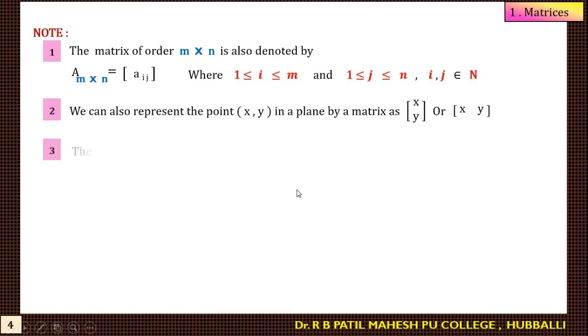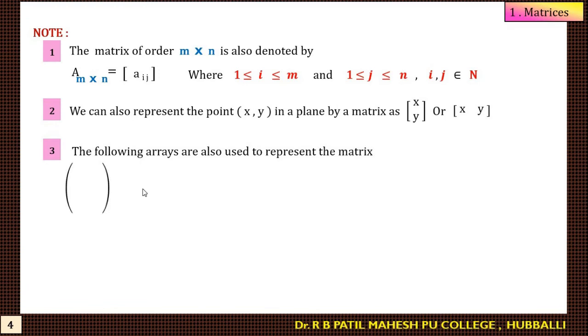The third point, the following arrays are also used to represent a matrix. The first one is a common bracket. So instead of this square bracket, you can use this common bracket or a double line. So this is a double line array. This also you can use to represent a matrix.